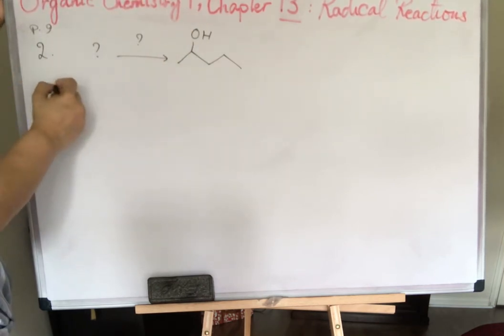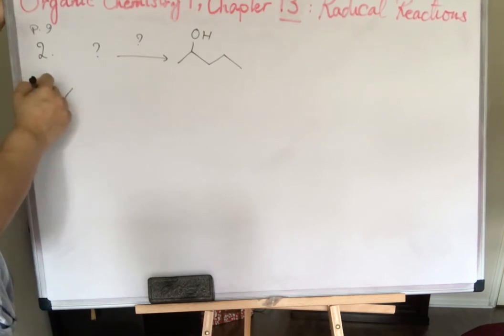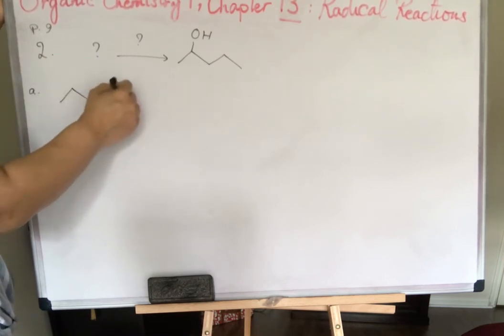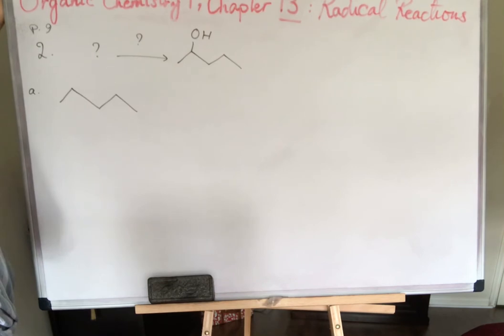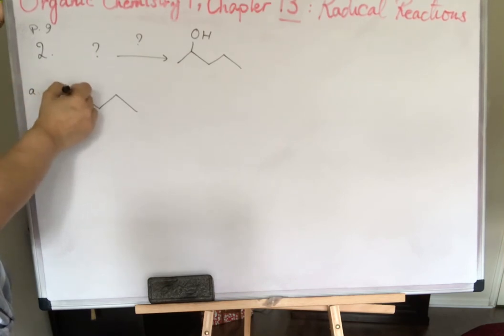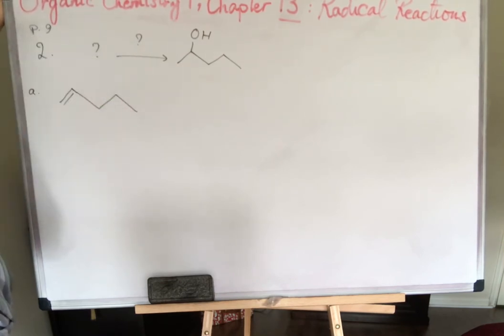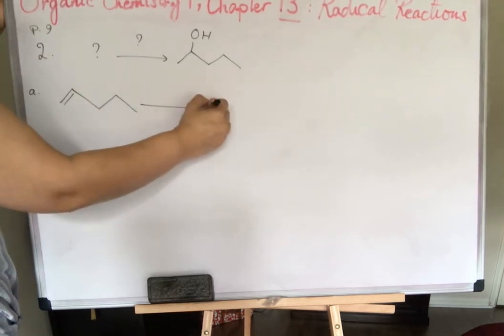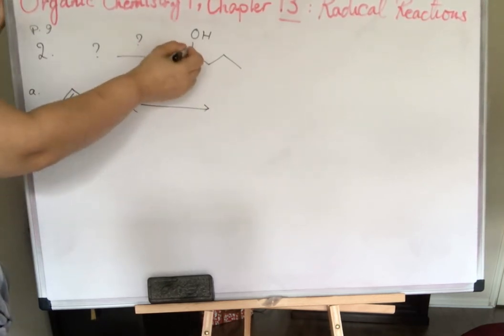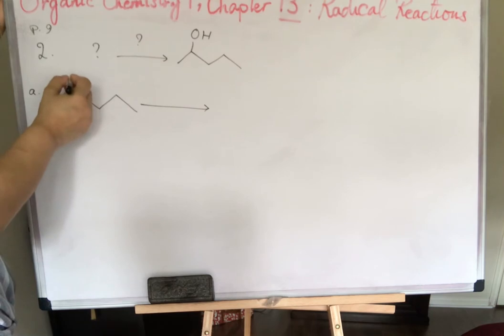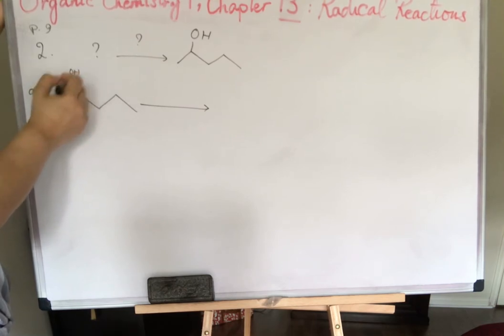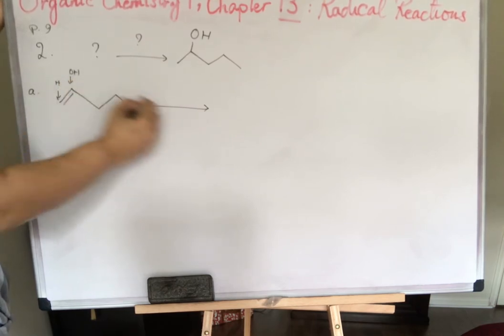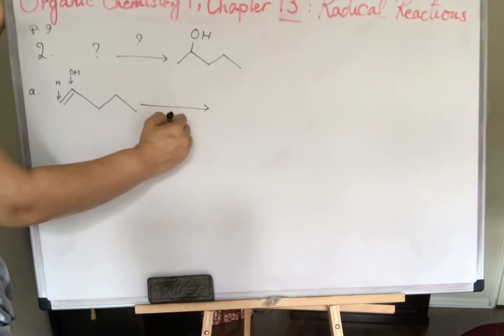Let's work with an alkene first. First 1, 2, 3, 4, 5. Let's work on the same number of carbons with an alkene. That's very short, straightforward. If we want to have OH on this carbon and H on this carbon, then this would be Markovnikov, right?